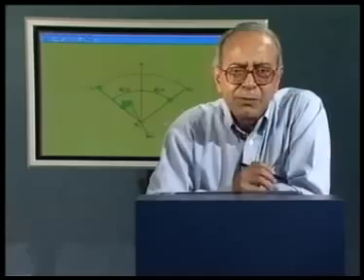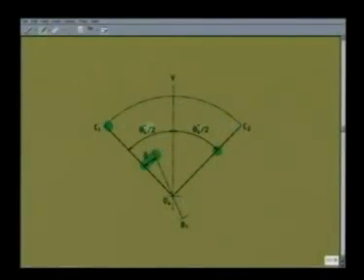Now, the third part of the problem, we can have some more specifications. For example, we define the width of this wiping field, that is this horizontal distance C1, C2.